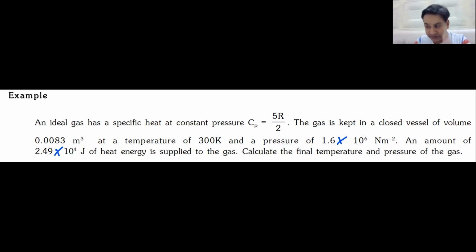Do not look at the values given; that is not important. Important is the concept of how you do it, because the values will not be so complicated. They will be giving values in such a way that they get cancelled and the calculations are simple. I'll give you a minute to solve this question and tell me how you have done it.